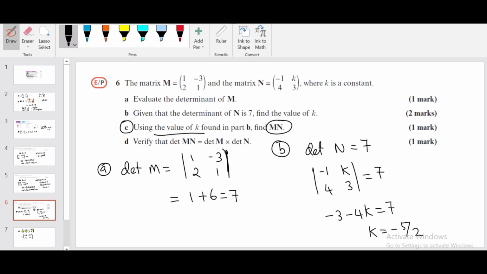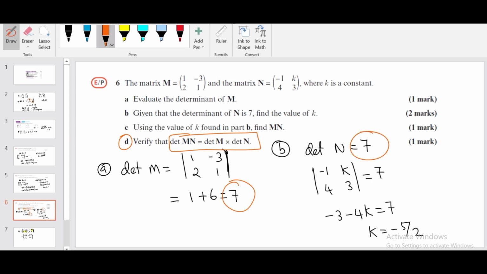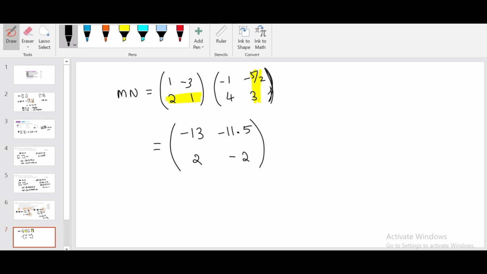And then part D says verify that the determinant value of mn is equal to m times n. You have the determinant value of m here, the determinant value of n here, right? Now let's find the determinant value of mn, which is minus 13, minus 11.5, 2, minus 2.